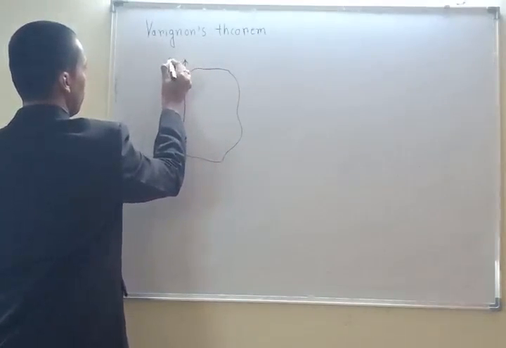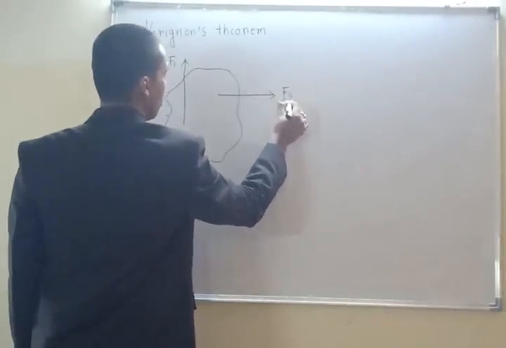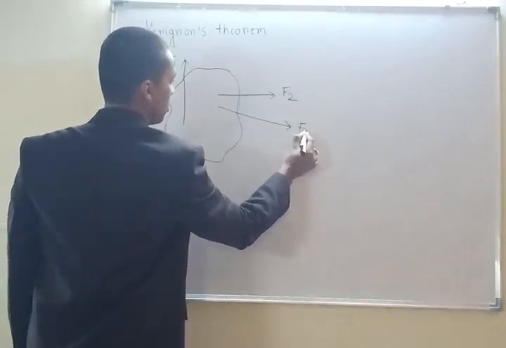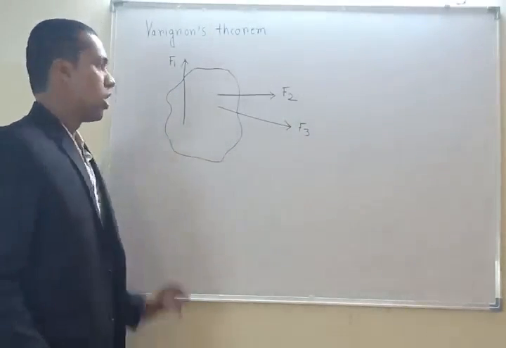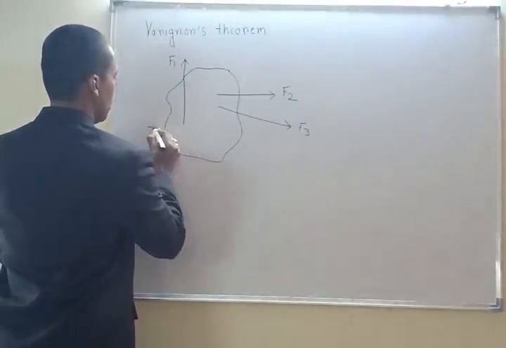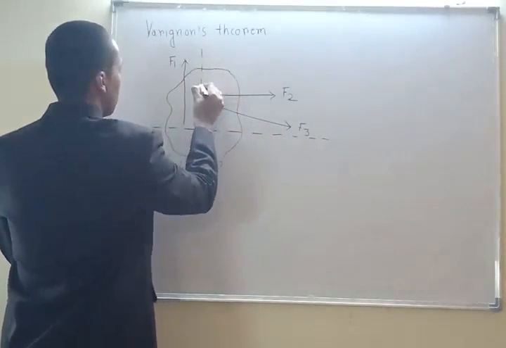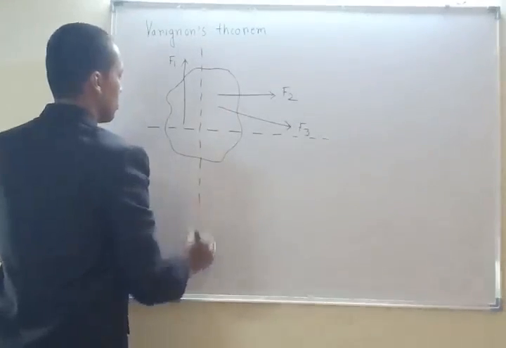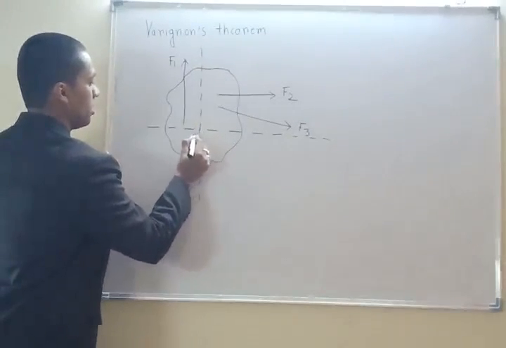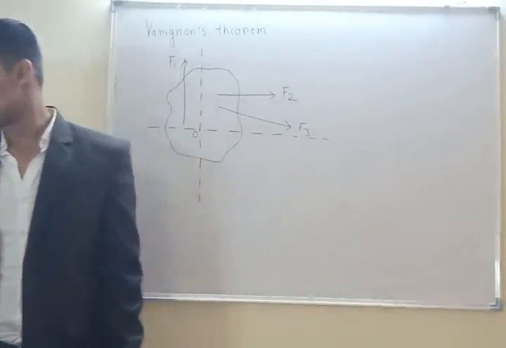This is F1. Another force is acting like this, F2. Another force is acting like this, F3. Okay. Now I want all these forces to act at a single point. See, can I do that? I want all these forces to act in here at point O. This is the point O where I want these forces to act.